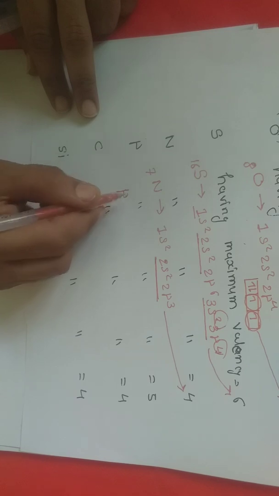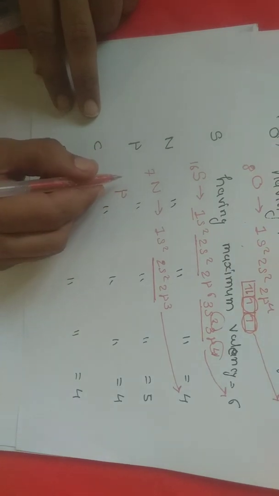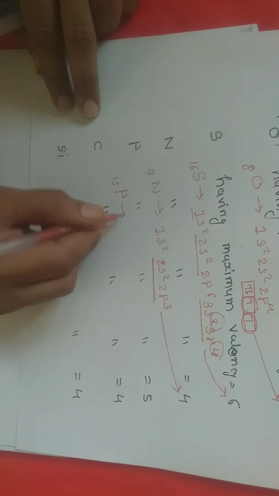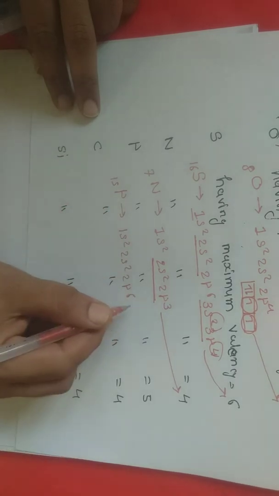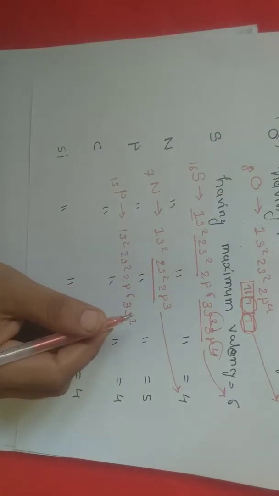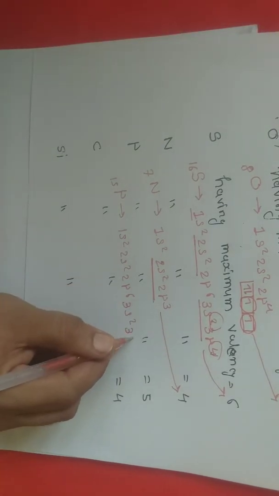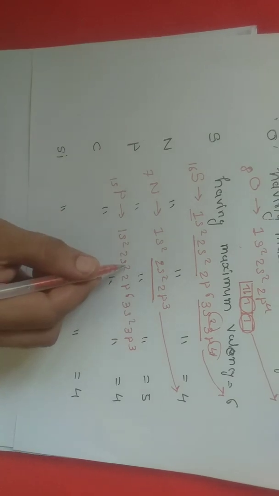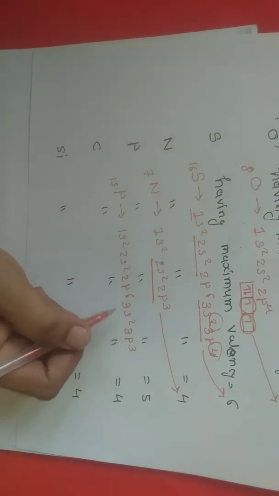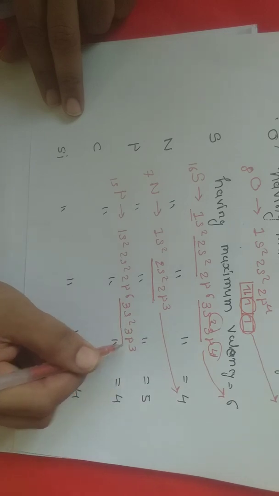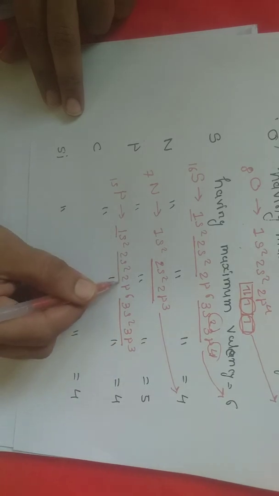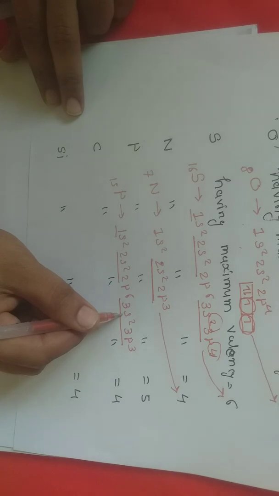Similarly, if we go with phosphorus, the atomic number of phosphorus is 15. So its electronic configuration is 1s2, 2s2, 2p6, 3s2 and 3p3. 2 plus 2 is 4, 6, 10, 12 and 15. Again its outermost orbit is the third one. This is the first energy level, this is the second, and this is the third, the outermost energy level.